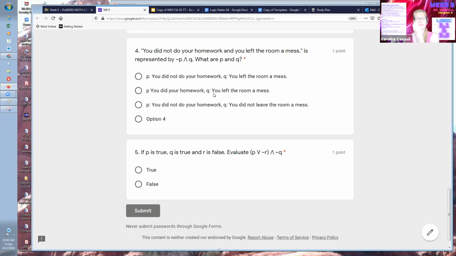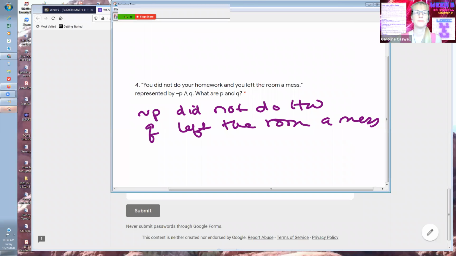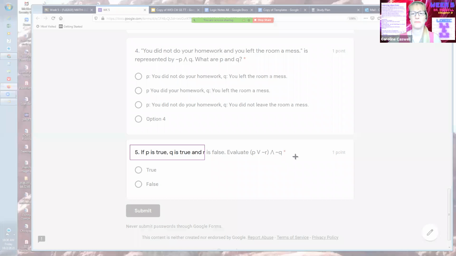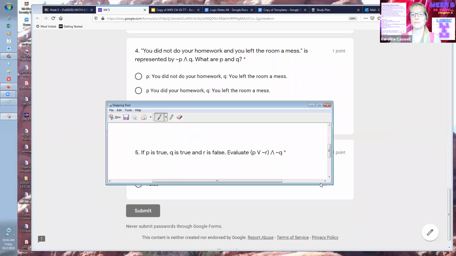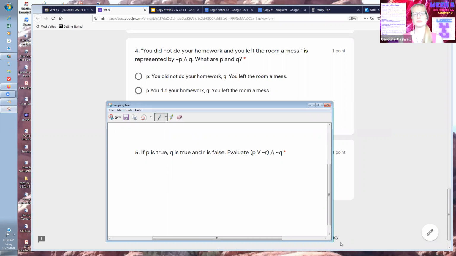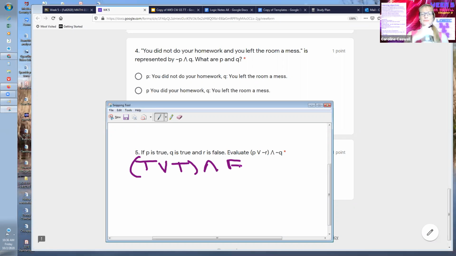Last one. This is another one where you do not need a truth table. I want you to try it yourself and then we'll go over the answer. See how you do.